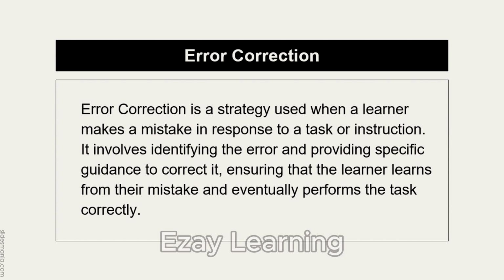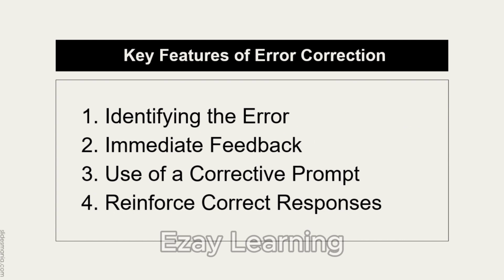It involves identifying the error and providing specific guidance to correct that mistake, ensuring that the learner learns from their mistake and eventually performs the task correctly. So basically, the learner has made an error or mistake and you will be correcting it. That procedure would be error correction.